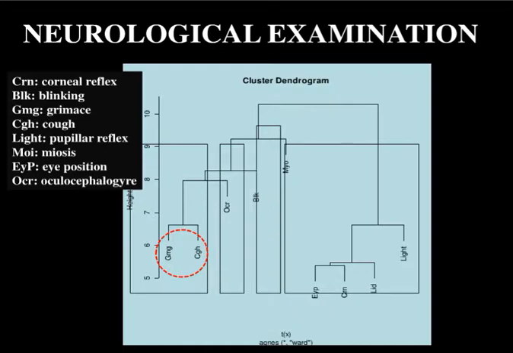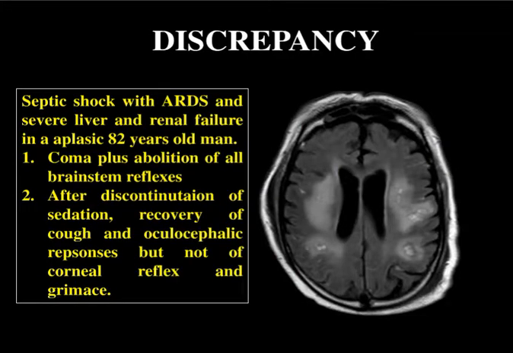And when it's not the case, as in this patient, who was referred to our ICU for a very severe ARDS, he required a heavy sedation. He was comatose without any brainstem reflex. We discontinued the sedation. He recovered cough and oculocephalic response, but not corneal reflex and not grimace.